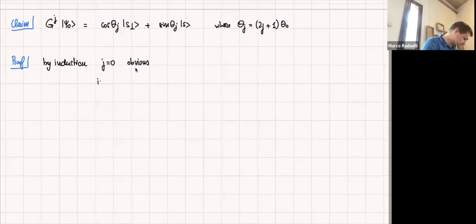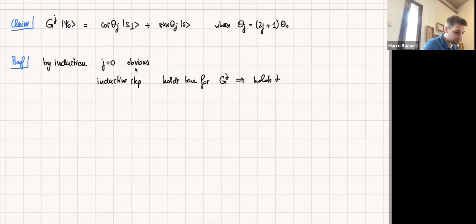And then the inductive step means that if this holds true for G^j, then it holds true for G^(j plus 1).